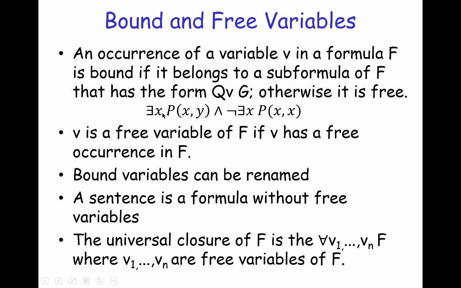So if you look at this, the first occurrence of x is bound because it is in the scope of this quantifier. Similarly, the scope of this x is here, so the second occurrence of x is also bound. On the other hand, this y is not bound because there is no quantifier exists y.